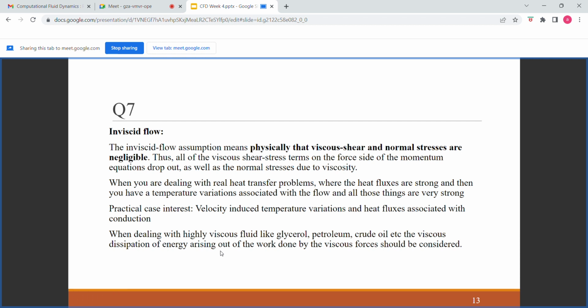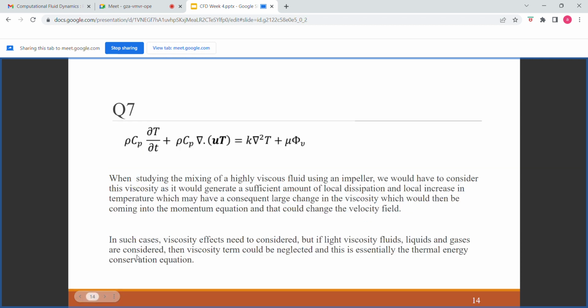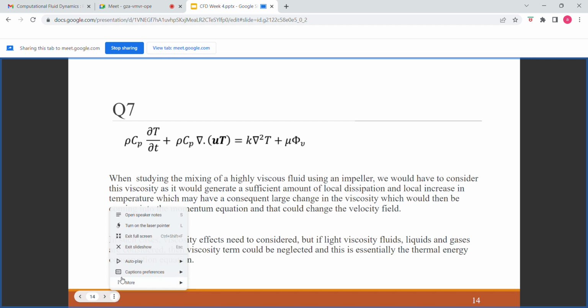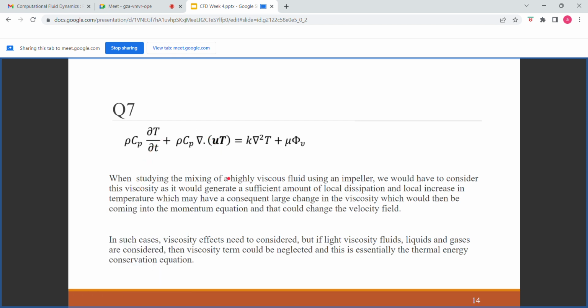So in all these cases, it would not be considered, whereas when a light fluid is considered, we can neglect those terms. But when a highly viscous liquid is considered, we should not neglect the viscous dissipation.